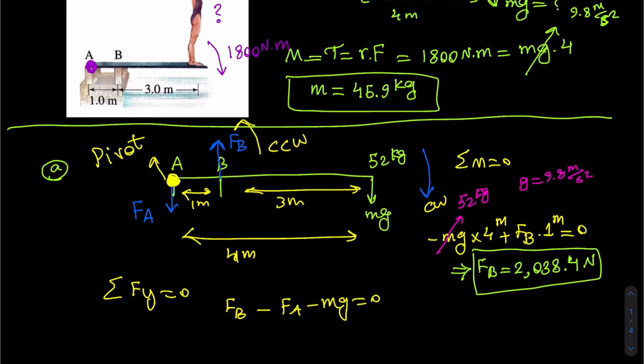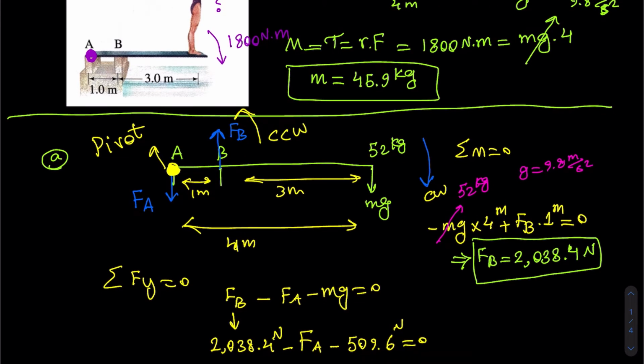And FB, we have got it, 2038.4 Newton minus FA and minus mg, which is 509.6 Newton, will be equal to 0.